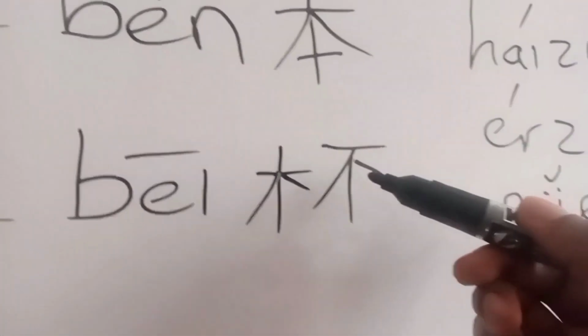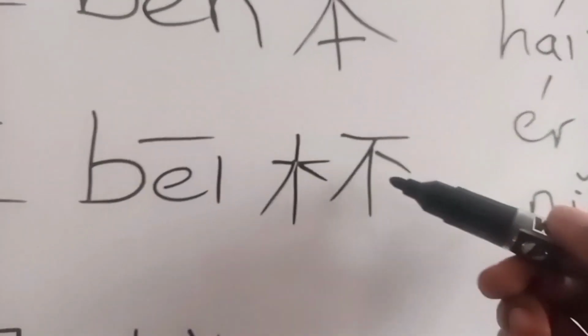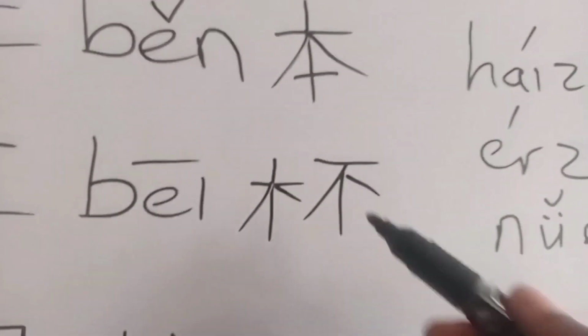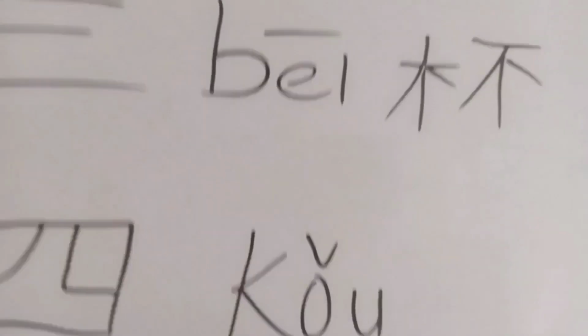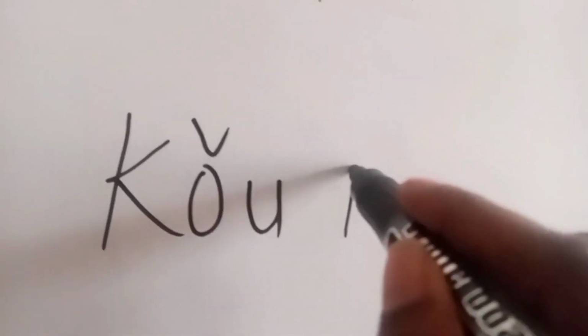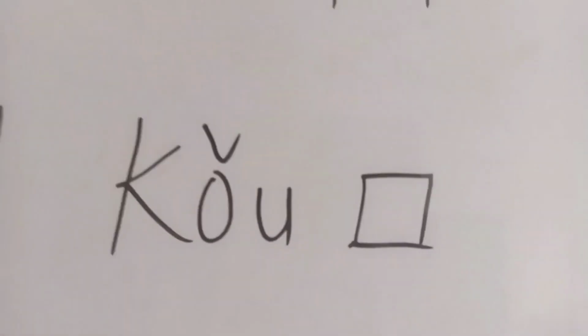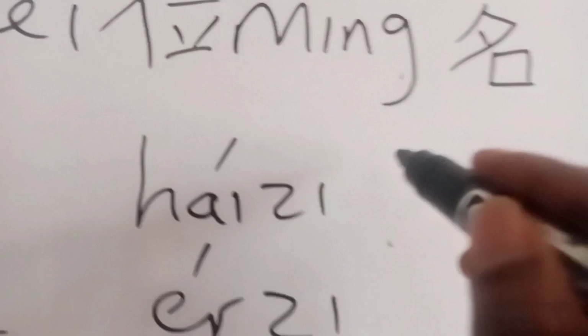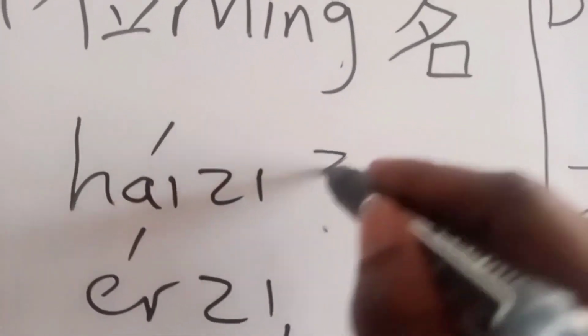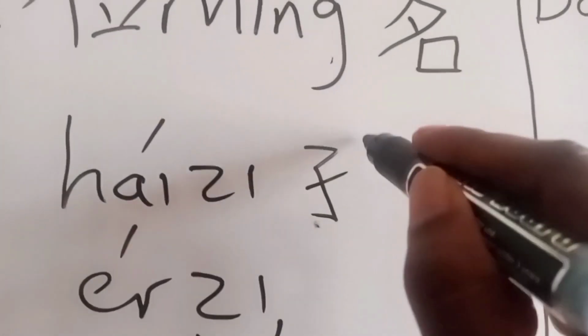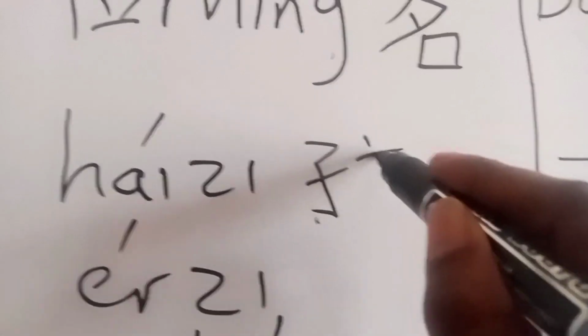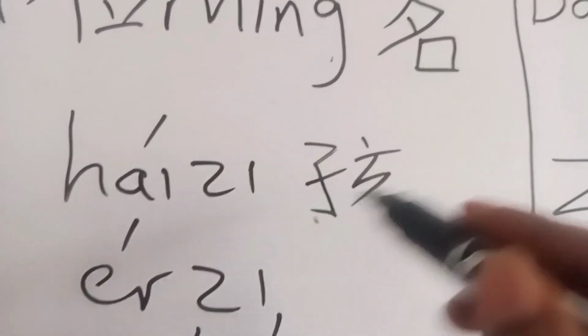You remember this. This radical is called kou. We have written it before. And kou is simply like this. That's kou. Square. 孩子. Hai. Are you seeing what I'm doing?